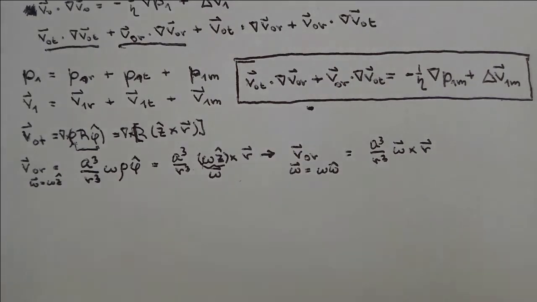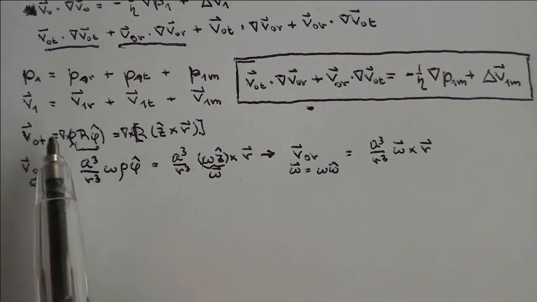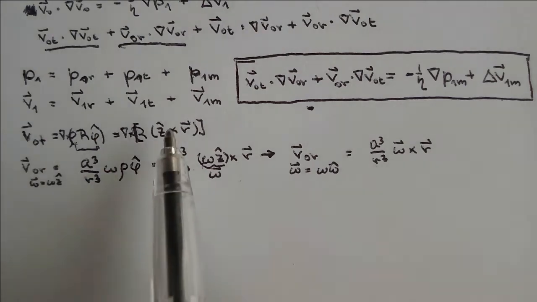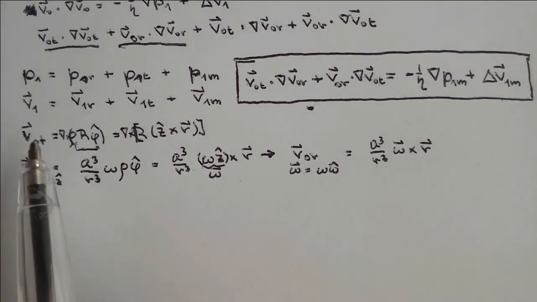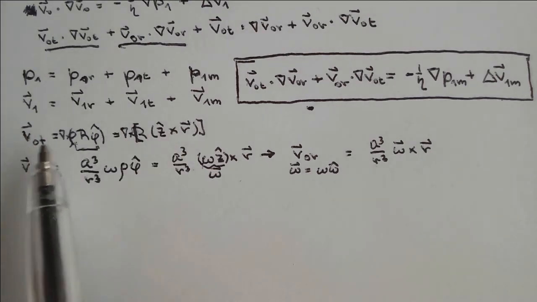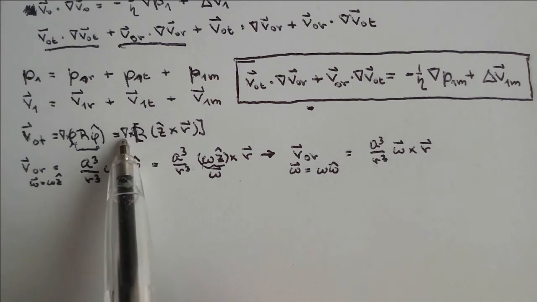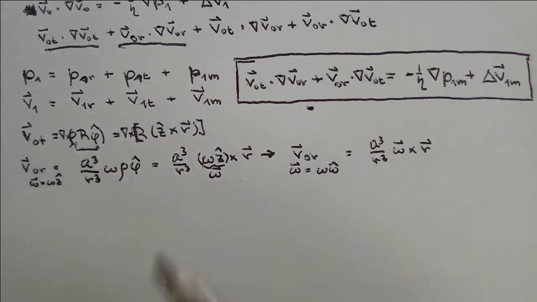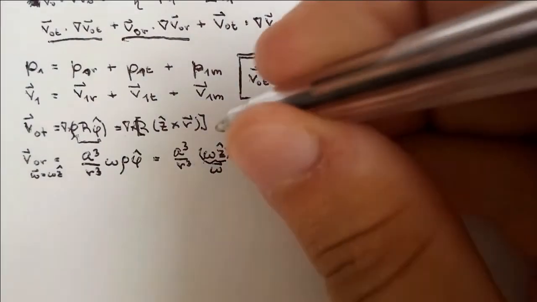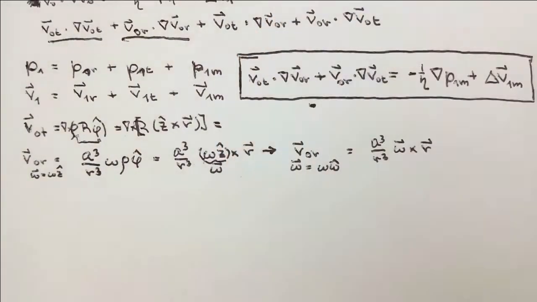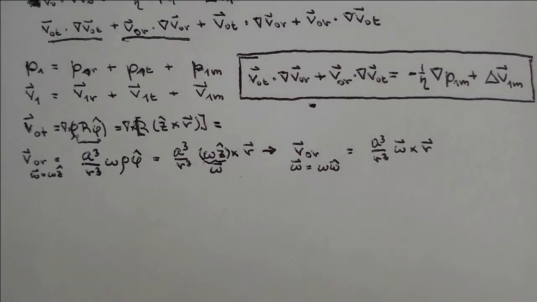For a starter, let us compute the gradients of V0T and V0R. But you can remember that this is also just some differential operator of something. In this case, it is a curl of something. So the curl of this is what?